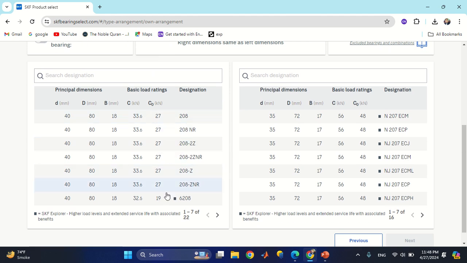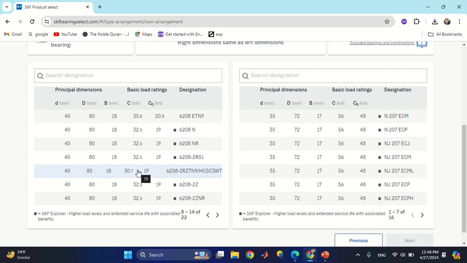Now, in this table, the SKF Explorer high load levels and extended service, I don't know what it is, but you are concerned with the catalog, so you match your catalog here. In my case, the catalog was 30.7, so I'm looking for 30.7.